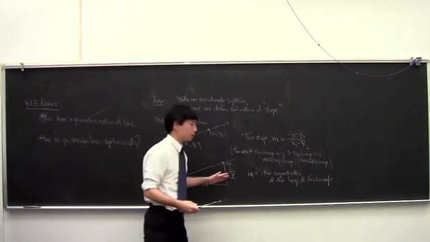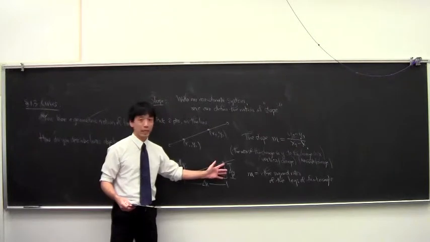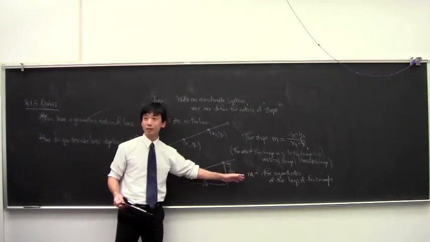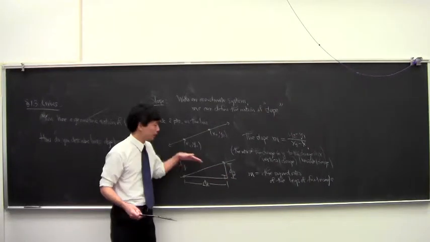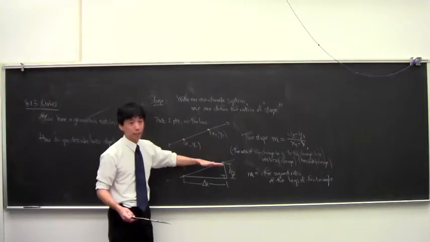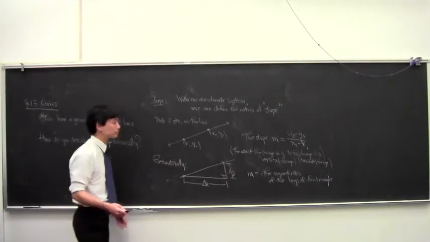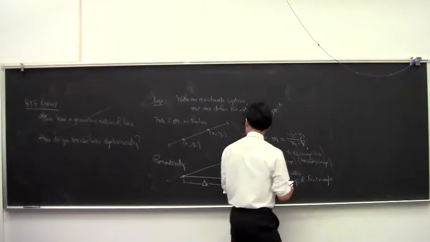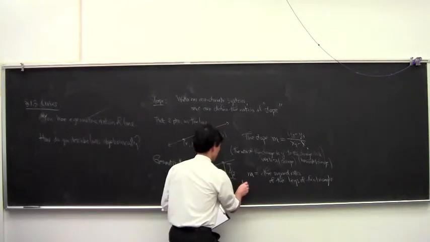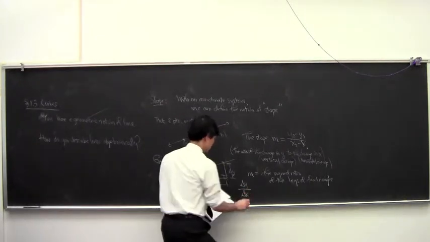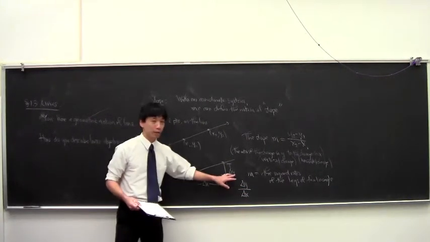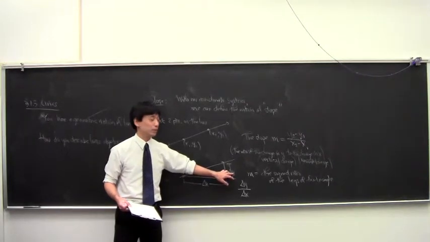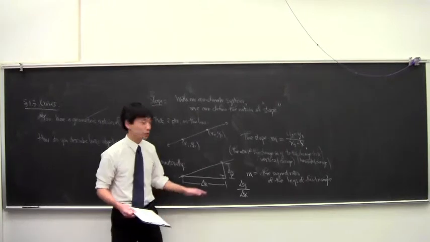If this is negative, you're allowing negative numbers, so if it's like this, then your change in y is negative. One uses delta y and delta x, where the delta is used to signify change.